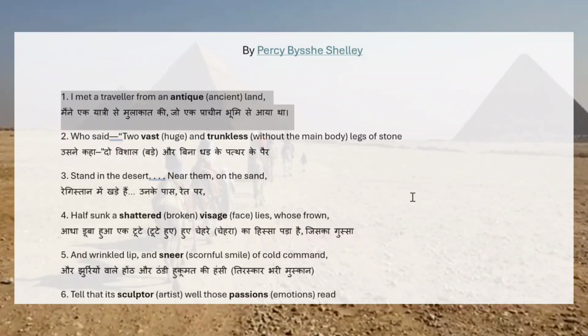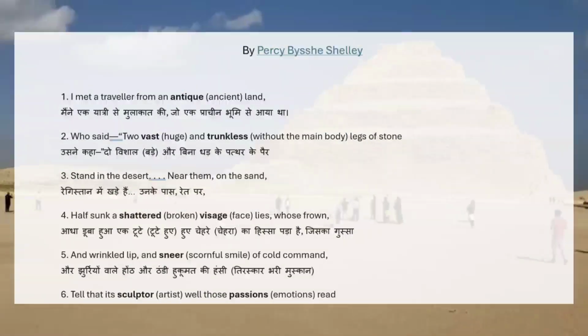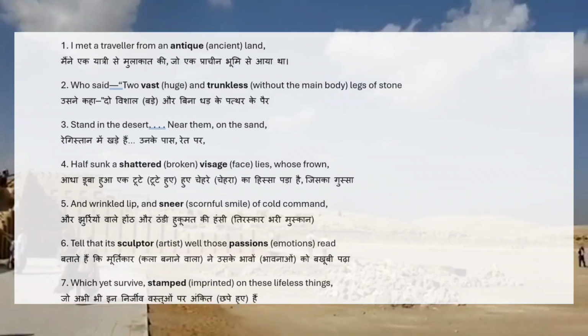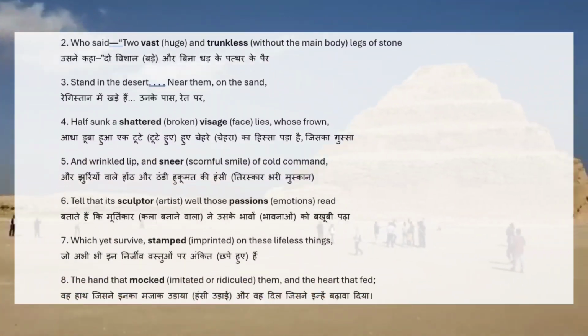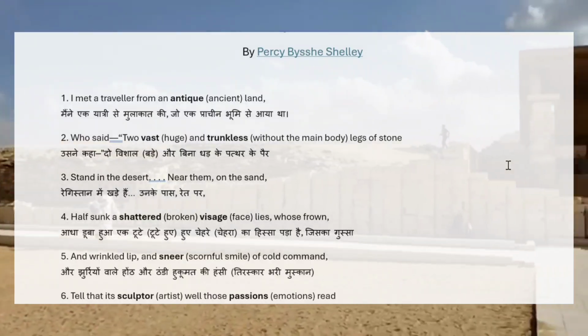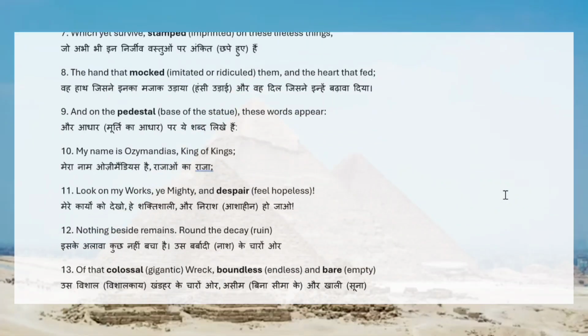Question number three: how does Ozymandias reflect the value of a romantic period, especially concerning nature and humanity? Question number four: what is the significance of the poem's setting in a desolated desert? How does this choice of setting enhance its themes?